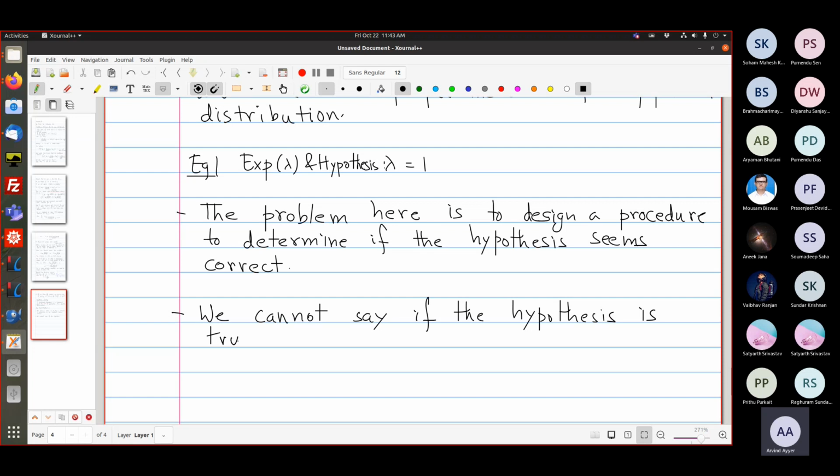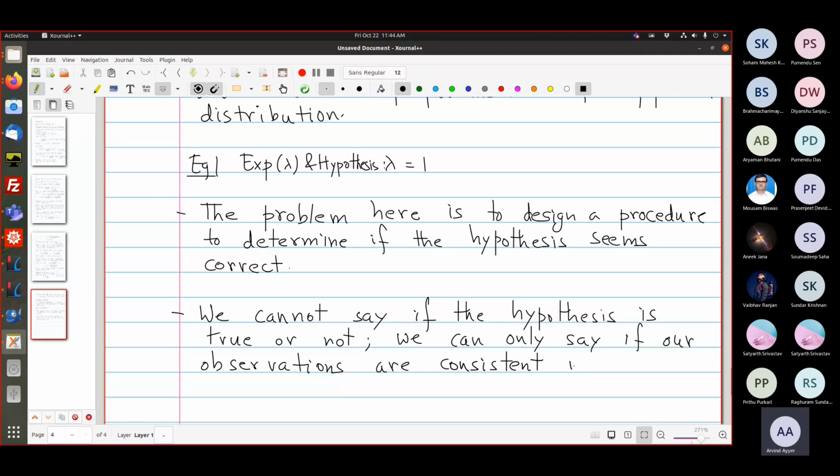This we cannot do because we only have a finite amount of data, and from that we can only say if our observations are consistent with it or not.